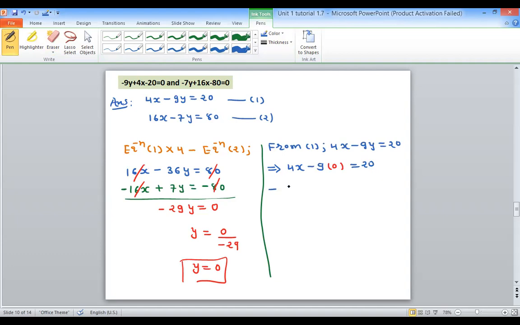Zero multiplied by any number gives 0, so 4x is equal to 20. x is equal to 20 by 4, and x is 5. So hence x and y are found.